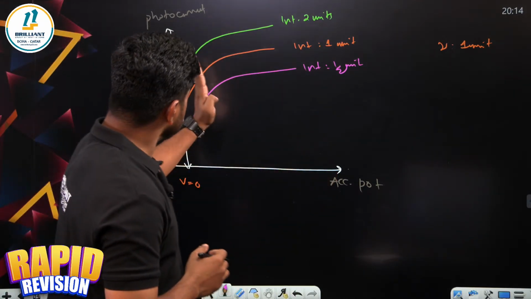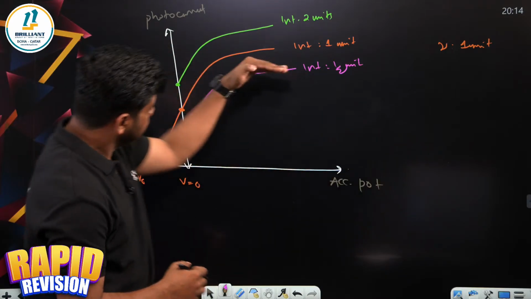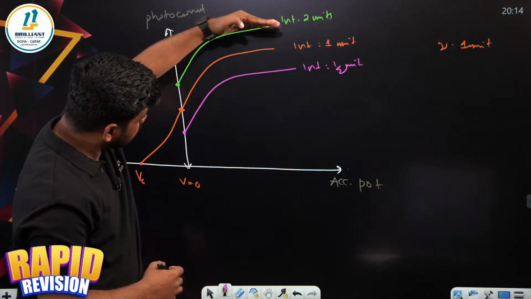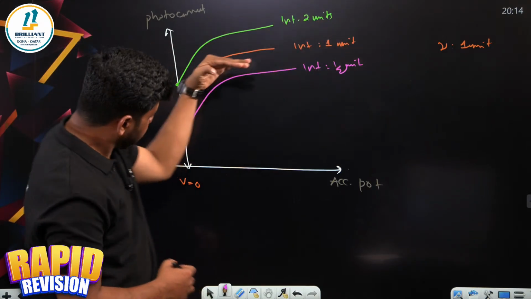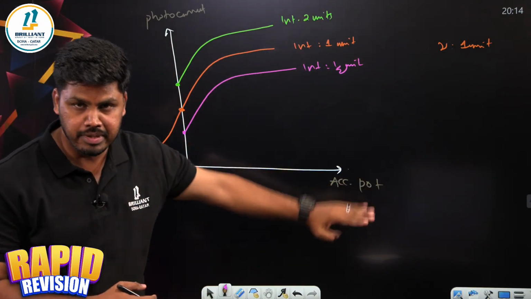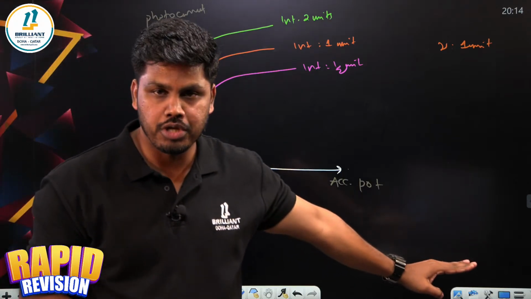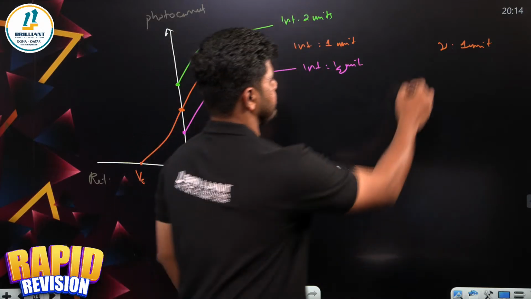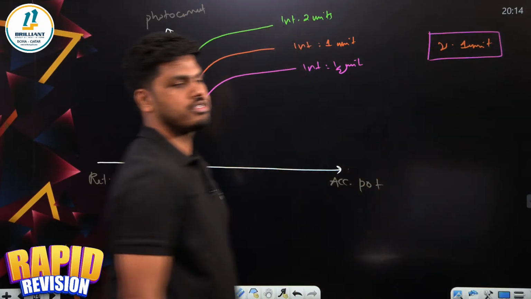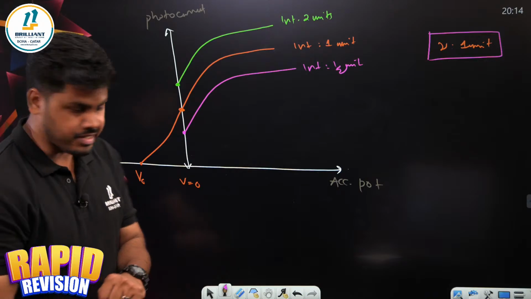When you look at the accelerating potential side, the graph with the highest current will be the maximum intensity. The lowest current will be the minimum intensity, because current is directly proportional to intensity. In all these 3 cases, frequency is kept constant, 1 unit. I only changed the intensity.